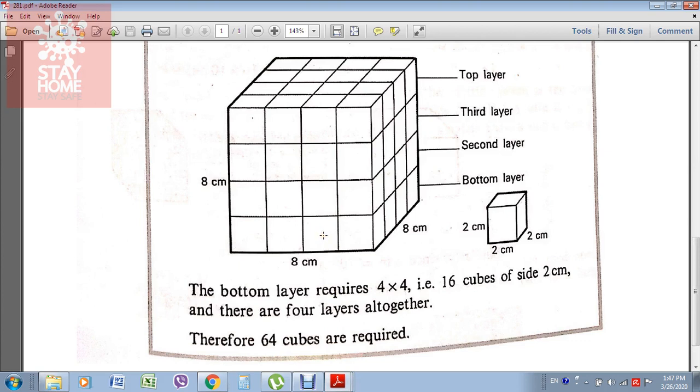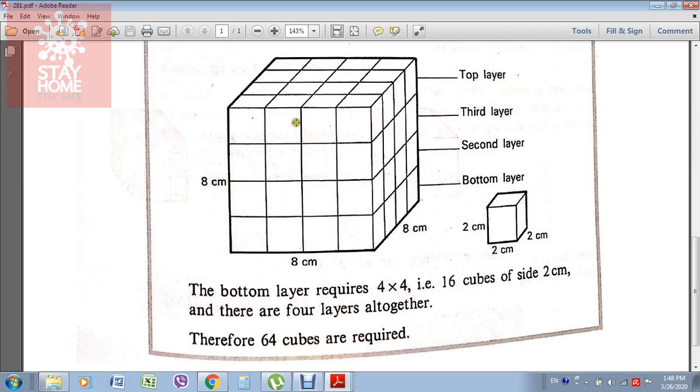One side we need 6, means this would be 3 cubes. And the other side 4, so 1, 2. And then 1, 2 from here. 1, 2, 3, 4, 5, 6.